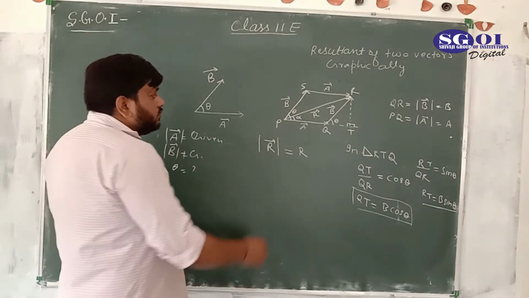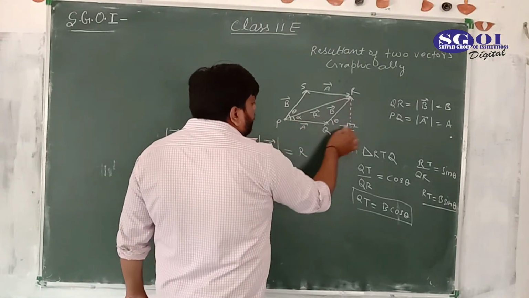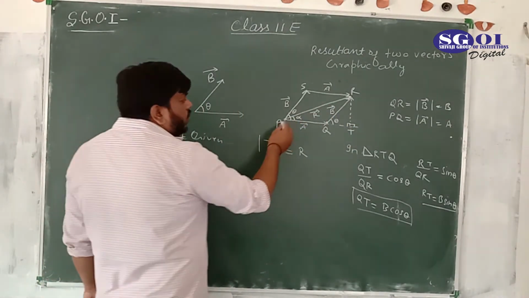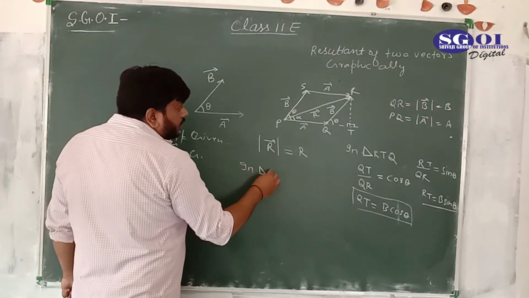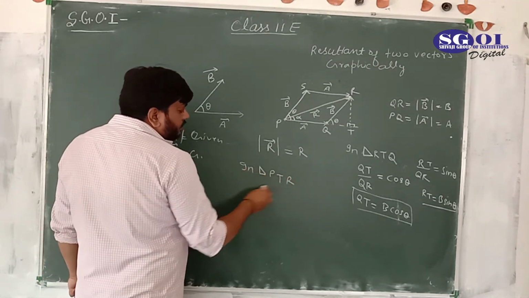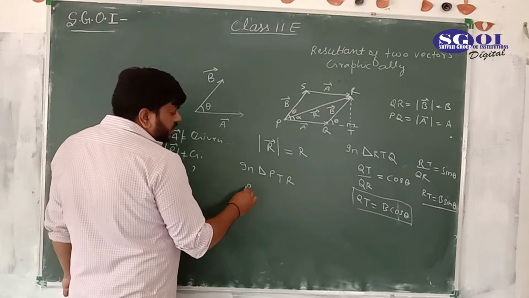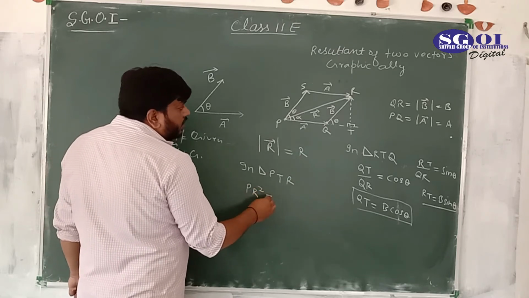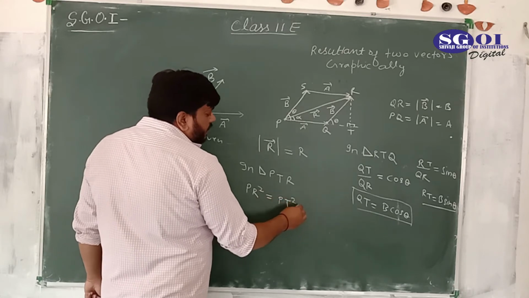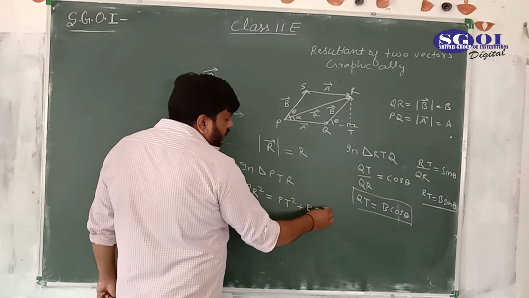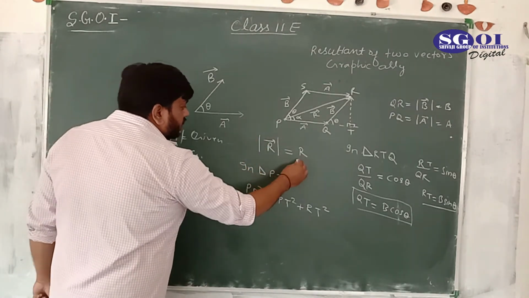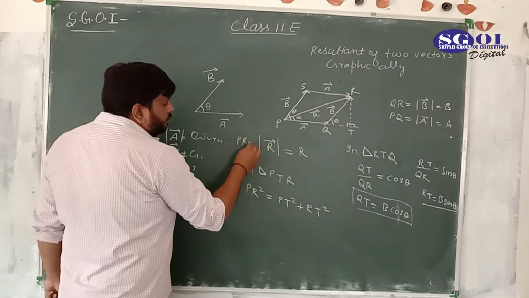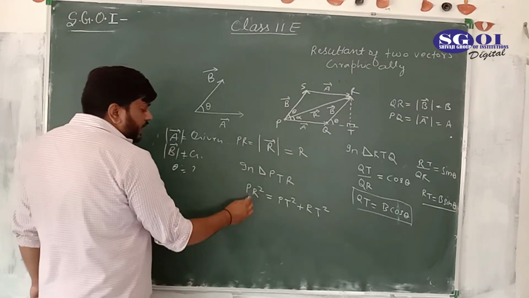Now, in this triangle PTR, we are going to apply the Pythagoras theorem. Pythagoras theorem says hypotenuse PR square equals base PT square plus RT square. What is PR? This is PR. Magnitude of vector R is R. So PR square is R square.